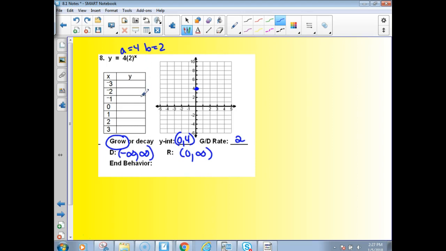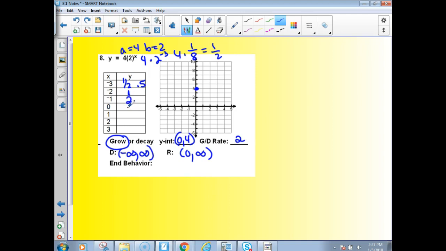Okay. This is number 8. So if you put in negative 3, 4 times 2 to the negative 3 is going to be 4 times 1 over 2 to the third, which is 8. That's actually going to give you 1/2. And of course, you can use 0.5. If you put in negative 2, you're going to get 1. If we put in negative 1, 4 times 1/2 would be 2.